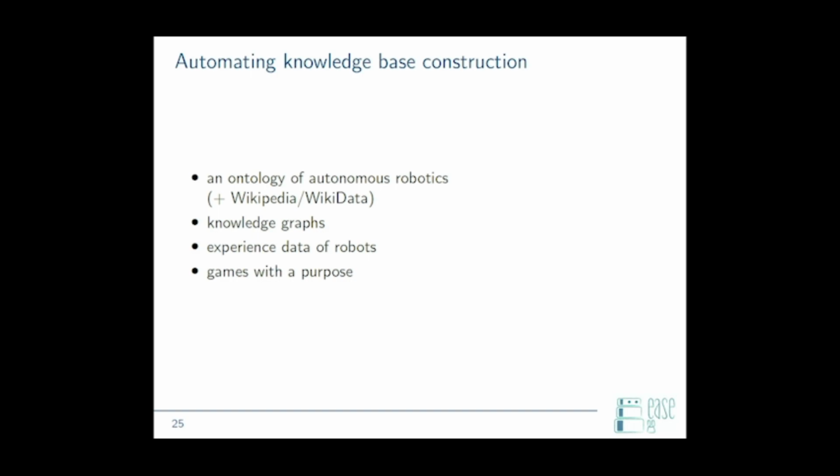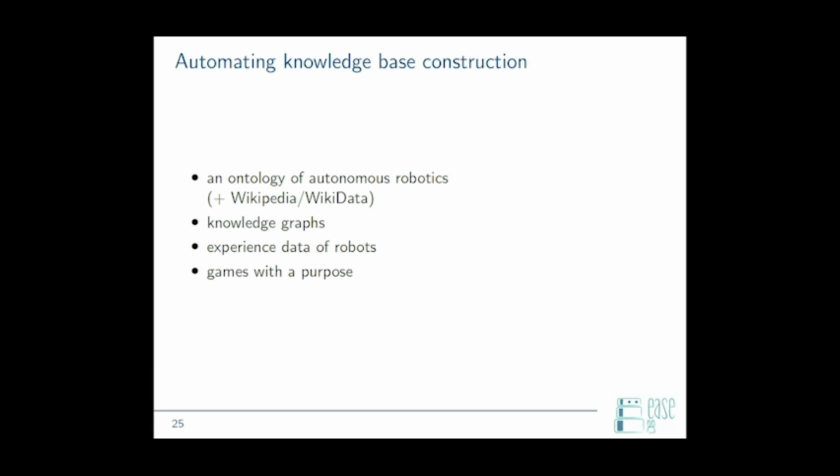We can also look at the experience data or the log files that robots collect and use them for acquiring knowledge, or we can ask humans to play games like showing how to solve manipulation tasks in a virtual reality environment and learn from that.